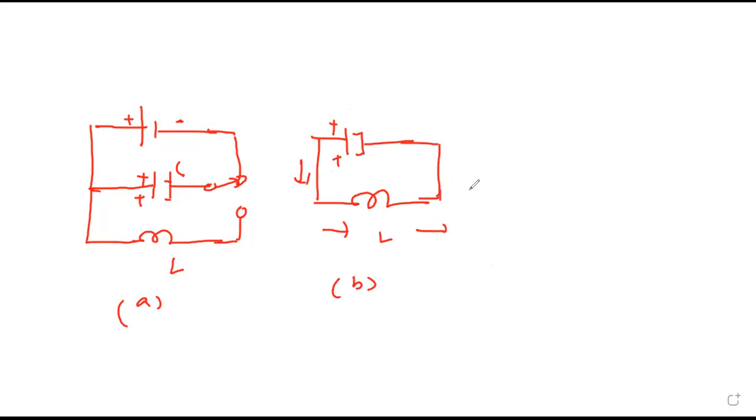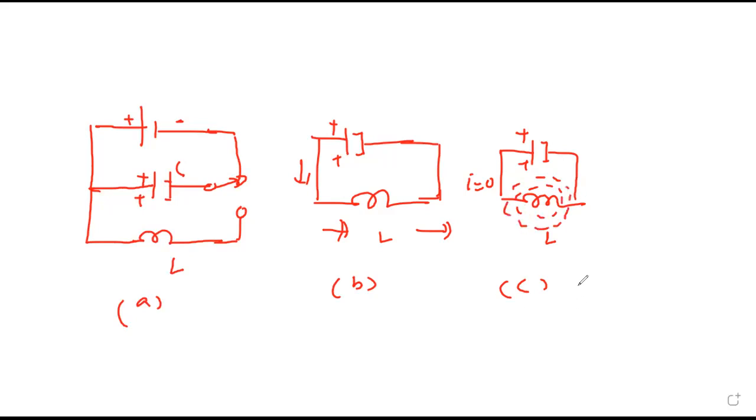During this discharge, there will be magnetic flux developed here across inductor, which will try to oppose the current. So finally current will become zero, a stage will come, then all the magnetic field will be associated here.